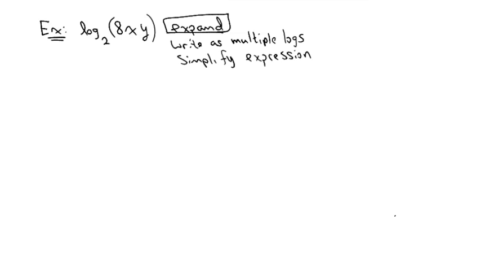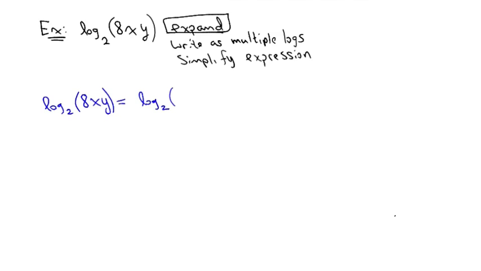So, log base 2 of 8xy. Separate it. Log base 2 of 2. Oh, well, go ahead. I'll let you say it. 2, 2xy. No, because that's not 2, that's 8.